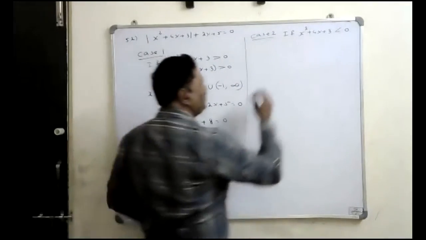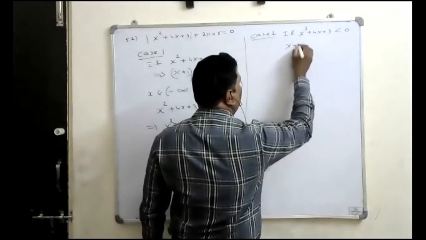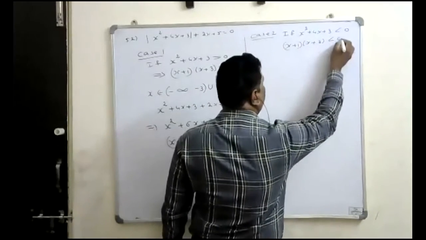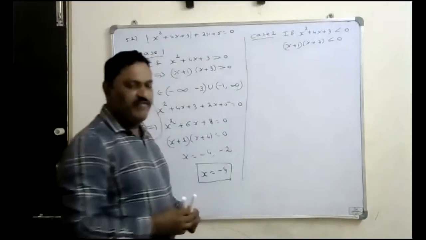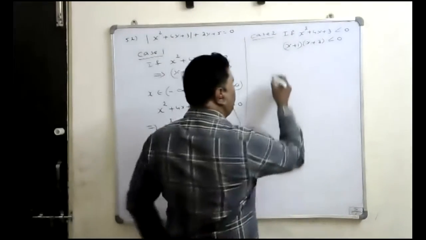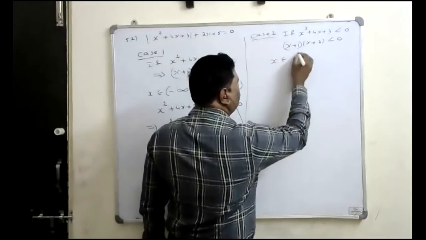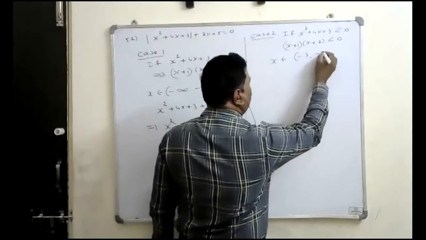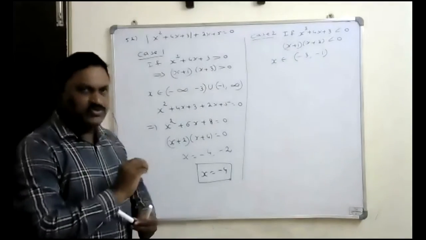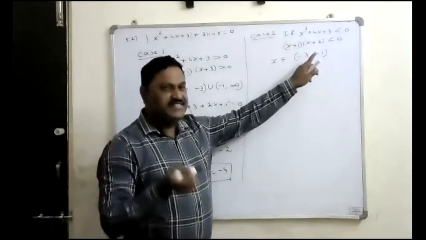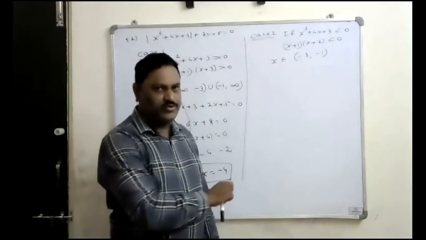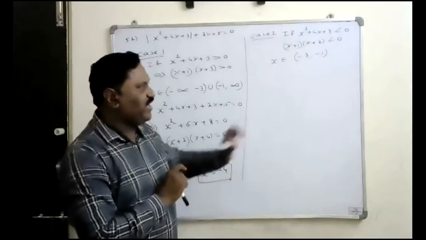If it is negative, since the factors are x plus 1 into x plus 3, where minus 3 and minus 1 are the roots, x minus alpha into x minus beta is less than 0, then the interval for x is between minus 3 and minus 1. If the product of the factors is negative, then x is going to lie in between the roots. That's why this is the interval for x.